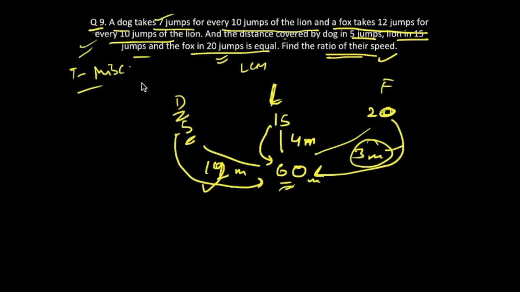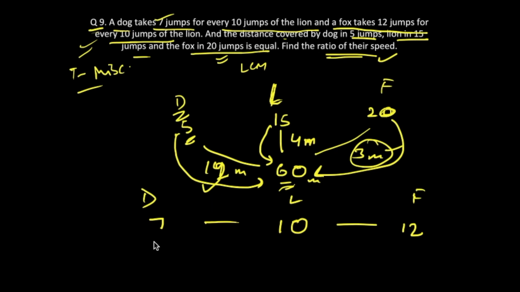Now it is given to us that dog is taking 7 jumps for every 10 jumps of the lion, and fox is taking 12 jumps for every 10 jumps of the lion. So 7, 10 and 12 are the given scenarios for us for dog, lion and fox.